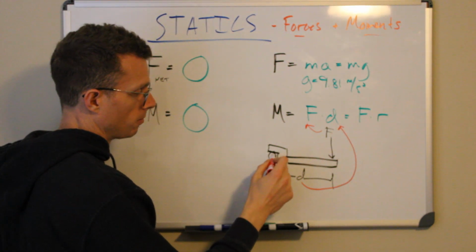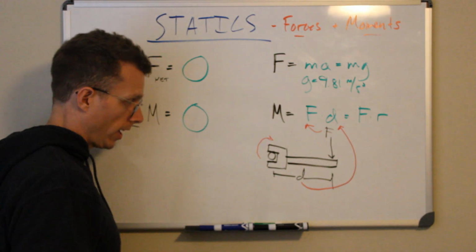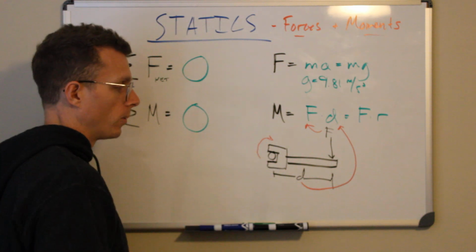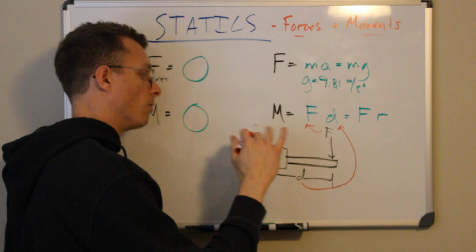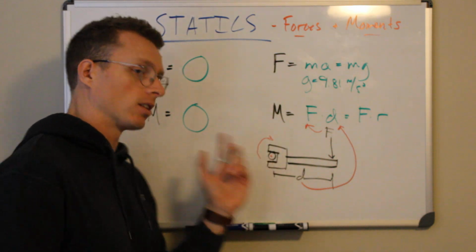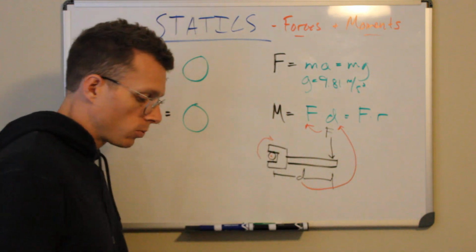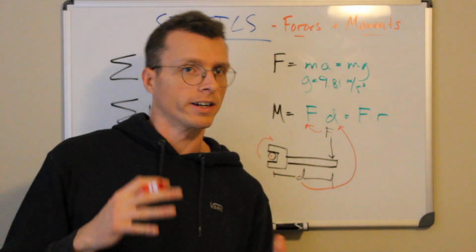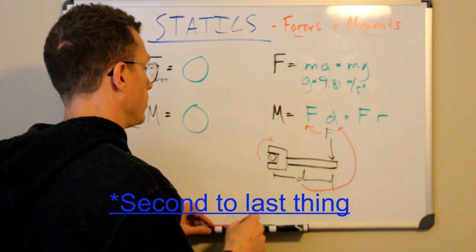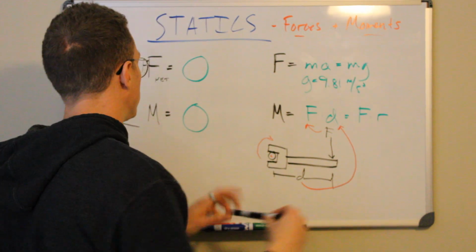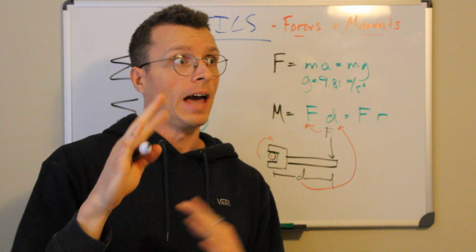So this bolt is going to want to turn this way, and in the statics problem, we have to say, okay, what is the amount of torque or the moment being applied in the opposite direction such that this bolt does not move? So we will do additional problems related to figuring out what the moment arm is. Last thing I'll say is these forces and moments are typically broken down into axes.